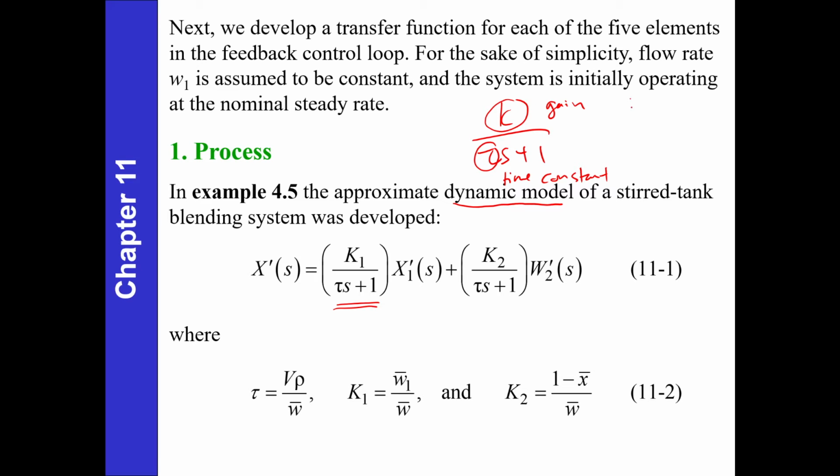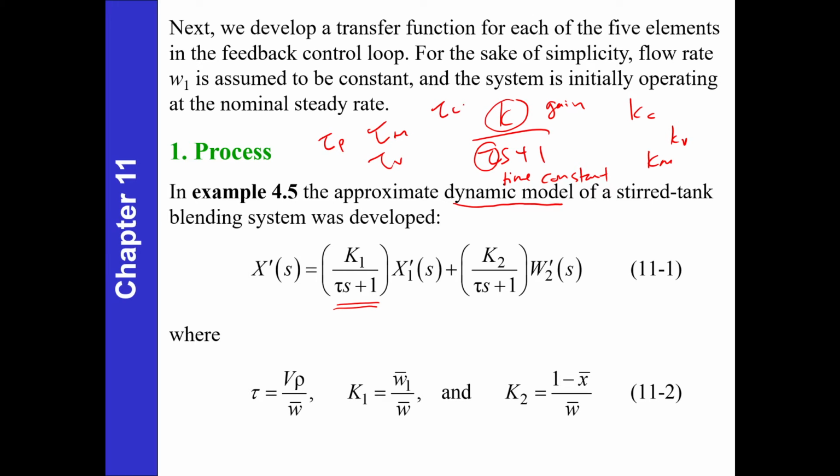So KC is the gain for the controller, KV is the gain for the valve, KM is the measurement gain. How about tau? Tau is the time constant. Tau P is the time constant for the process, tau M is for the measurement, tau V for the control valve.